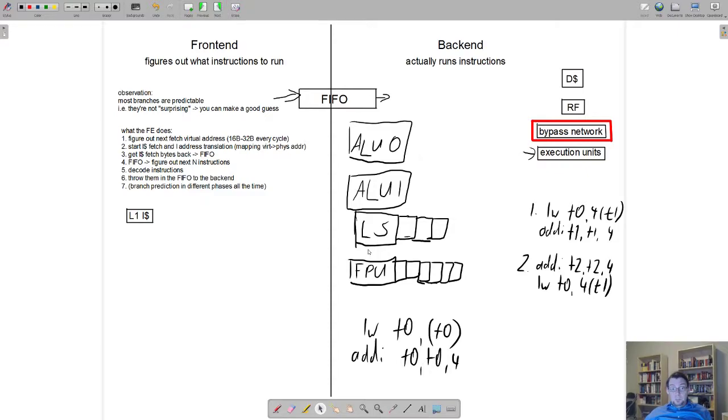And the answer usually in a CPU is because things like interrupts are allowed. What if you have an interrupt after this load has started, but right before we start the add instruction? That means there might be a very long time between this load finishing and this add starting.